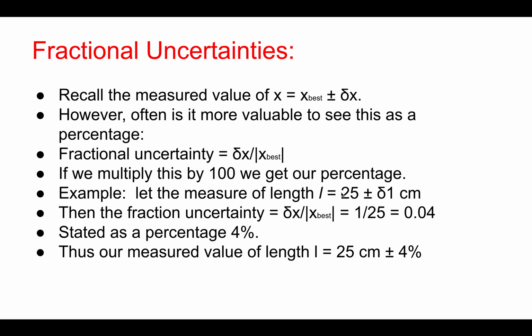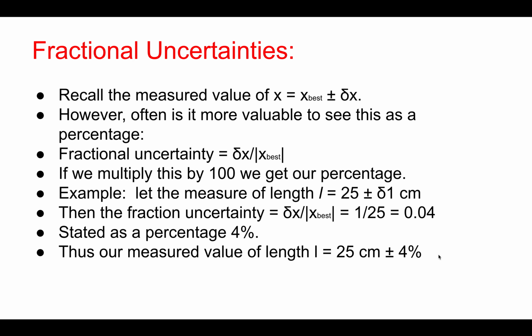So how do we change this to a fractional uncertainty? Well, we take the 1, we divide by the 25, and we get 0.04. We then multiply that by 100 and express it as a percentage. So the measure of our length would be 25 centimeters plus or minus 4%. The centimeter should be over here.